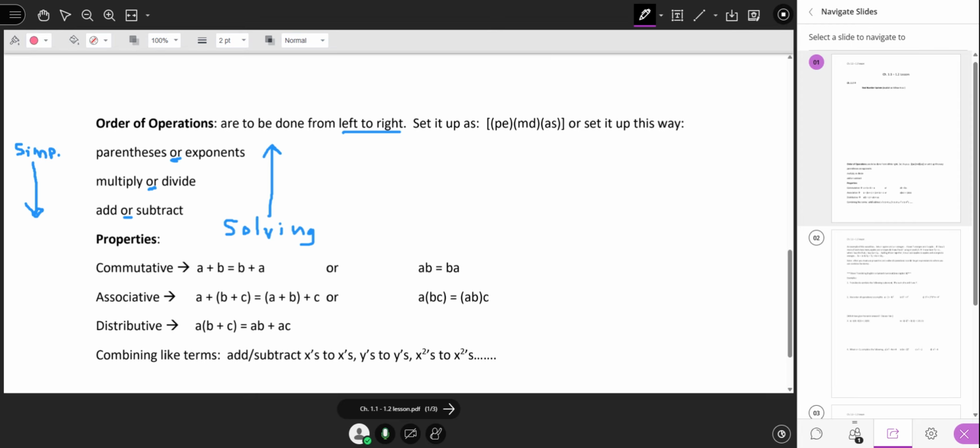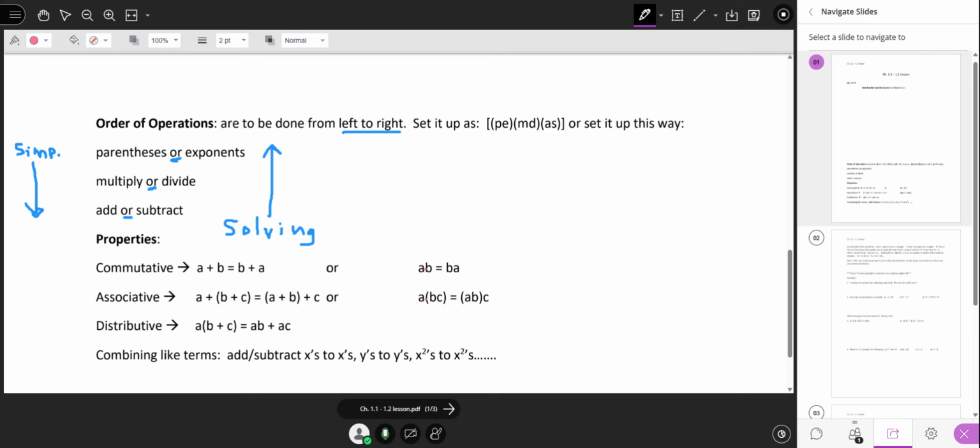Now, I like stories. I really like stories. But before I get into the stories, commutative and associative work for both add and multiply.